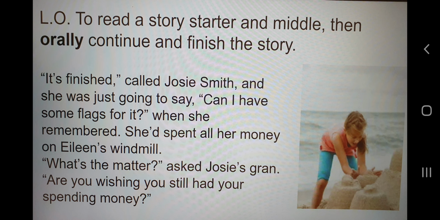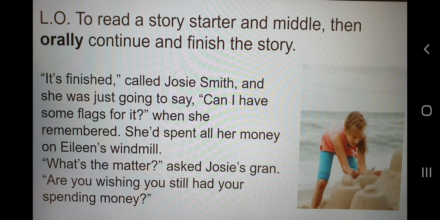So today you're not going to be writing the ending of the story, but you are going to be speaking the end of the story and maybe asking a family member to video it, and then you can send it to your teacher. So let me just reiterate that. You're not writing the end of the story. Okay, so I'm going to read the beginning and the middle.